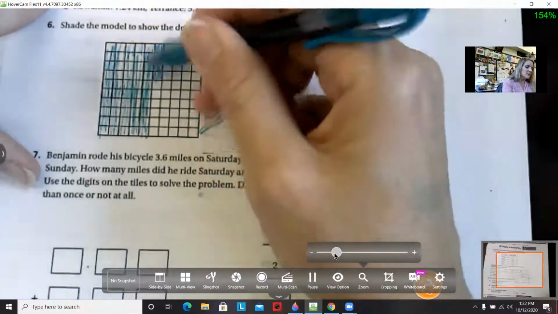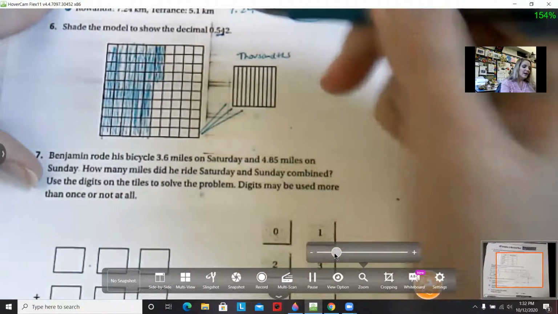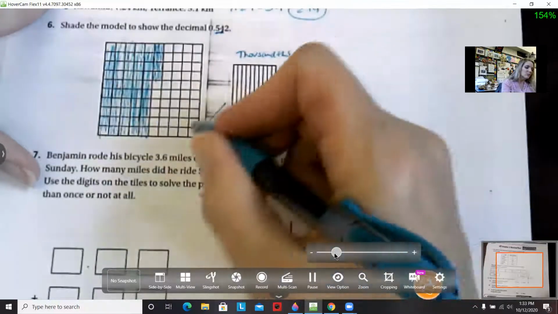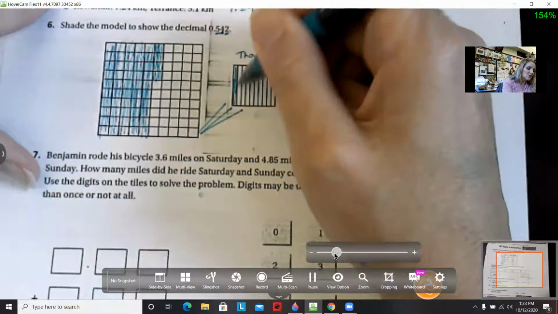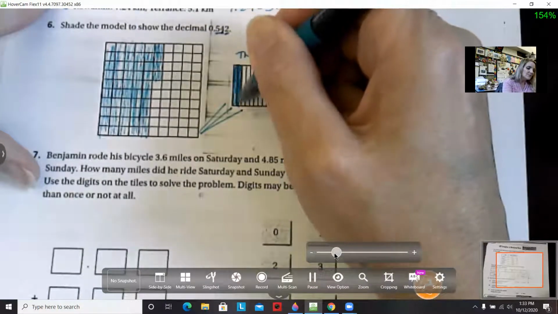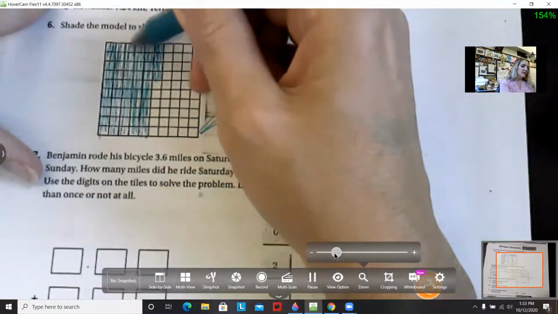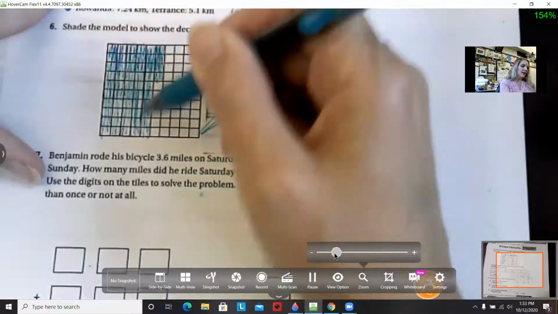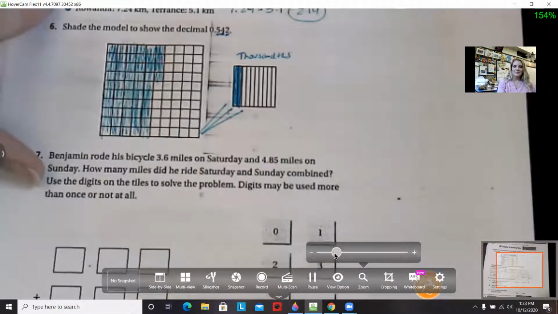And that makes sense because this is 54 hundredths. And that's what we have here. And we need to take this next block and blow it up to show 2 thousandths. So I'm only going to shade in 2 little parts in my thousandths. So there is 542 thousandths, all shaded in with my scribbly pen.